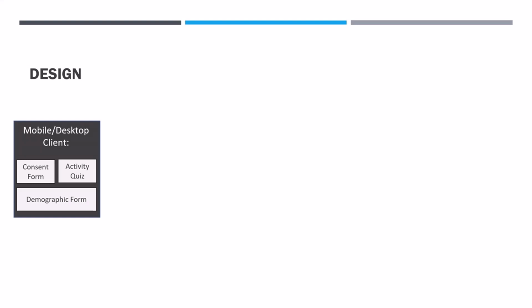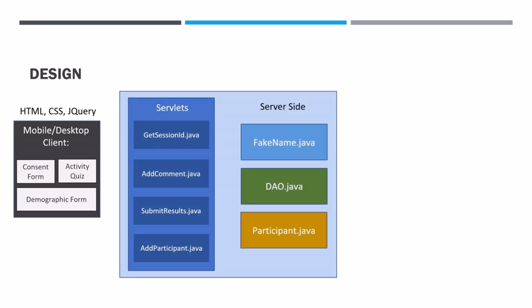Firstly, you have the mobile desktop client that needed programming, which consists of a consent form, the demographic information form, and the activity quiz. It was written in HTML, CSS, and jQuery. Next, you have the server side.